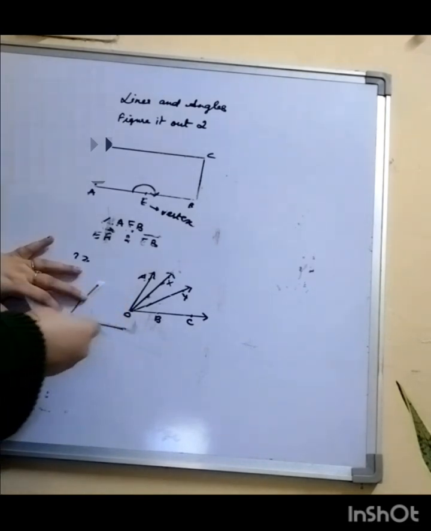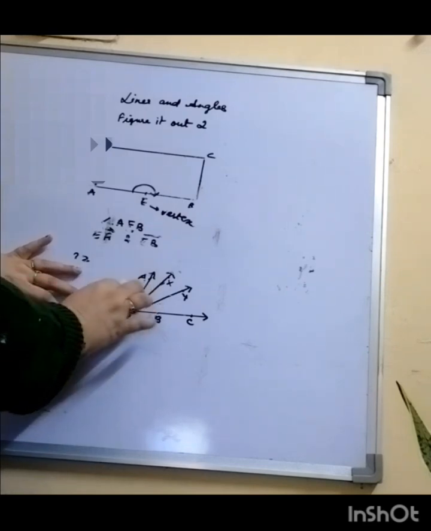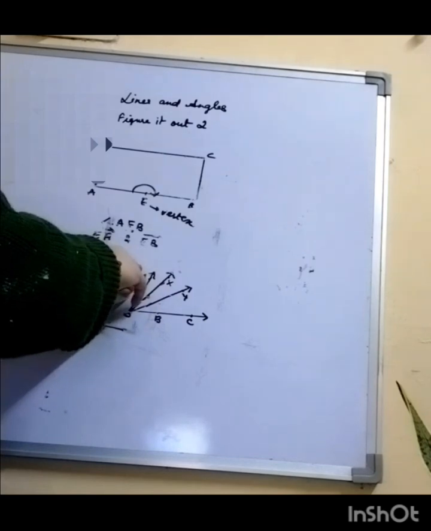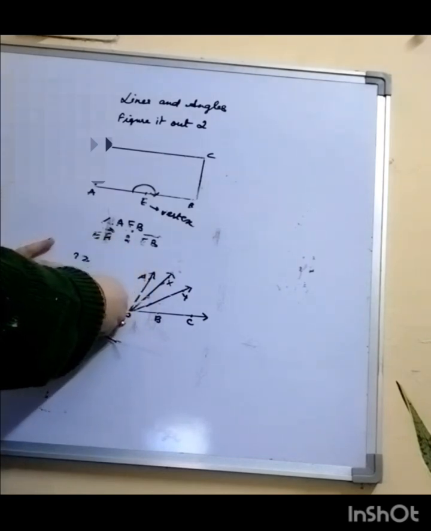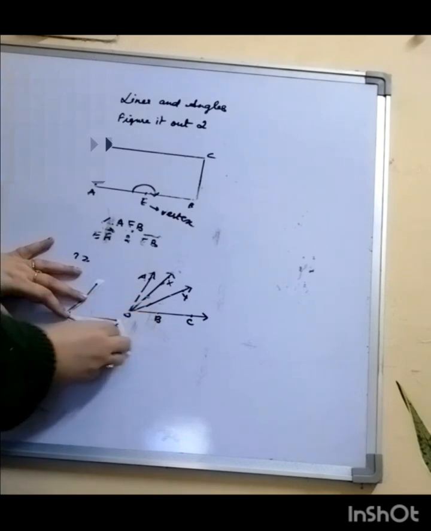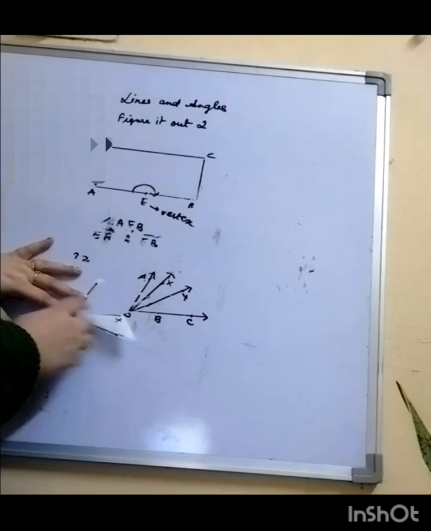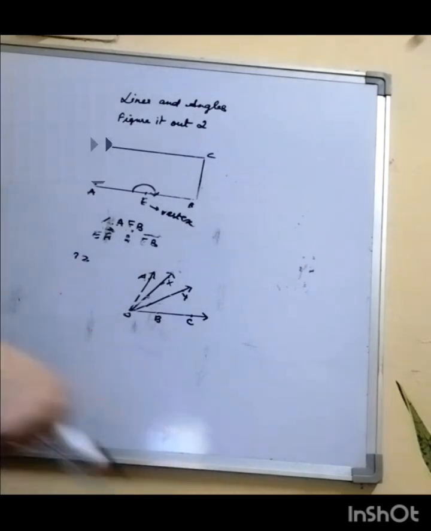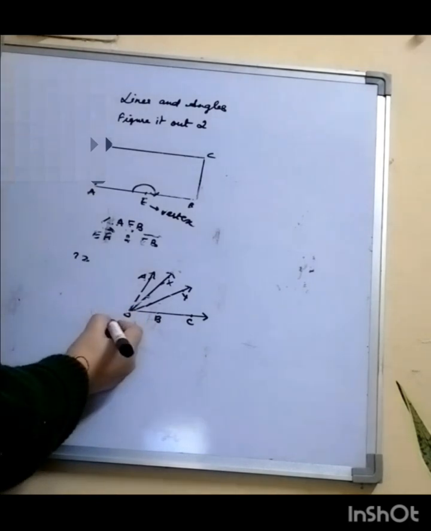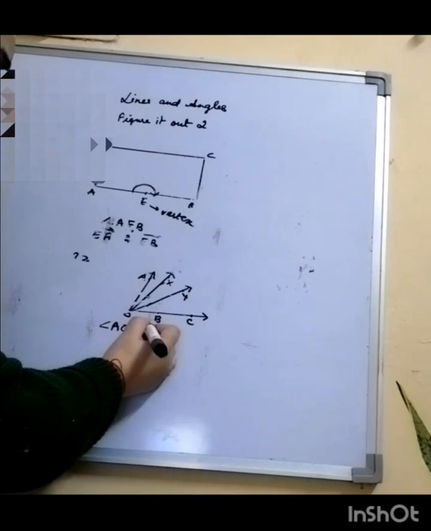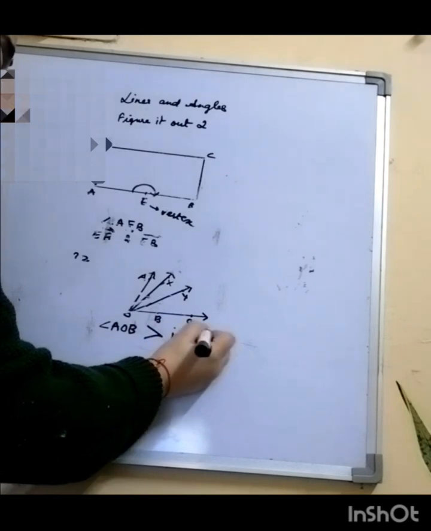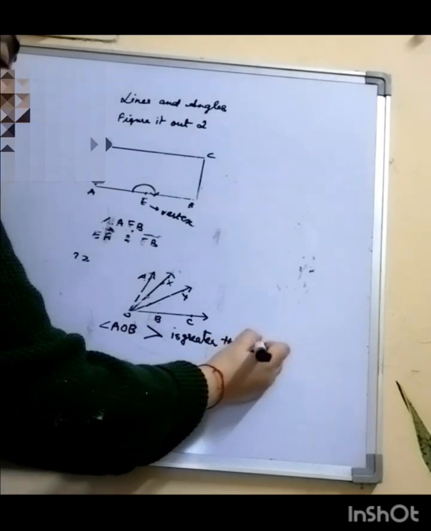So XOY is smaller than AOB. You can see here very clearly that if I put the vertex over the one line, then this angle is much smaller than AOB. So just by observation or by superimposition, by this activity, you know that angle AOB is greater. Now this greater, always remember the sign, is greater than XOY.